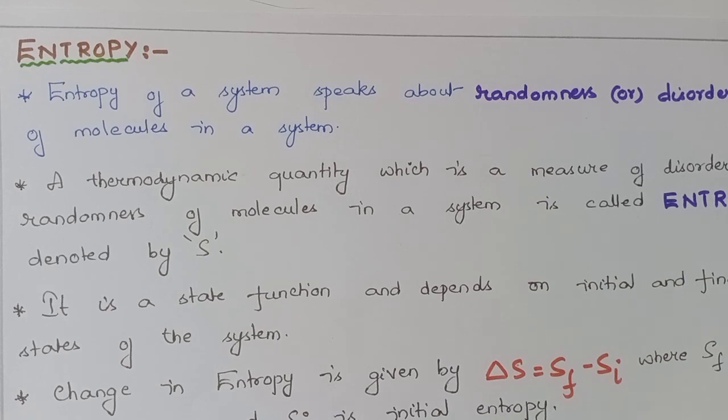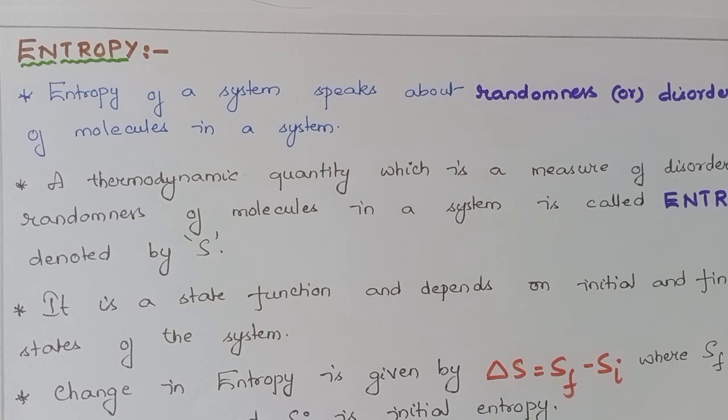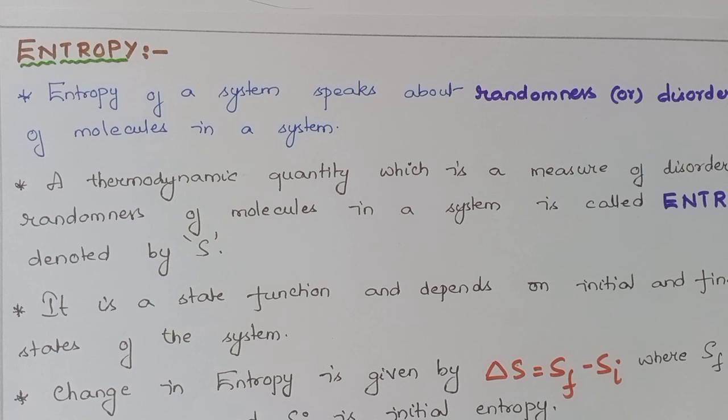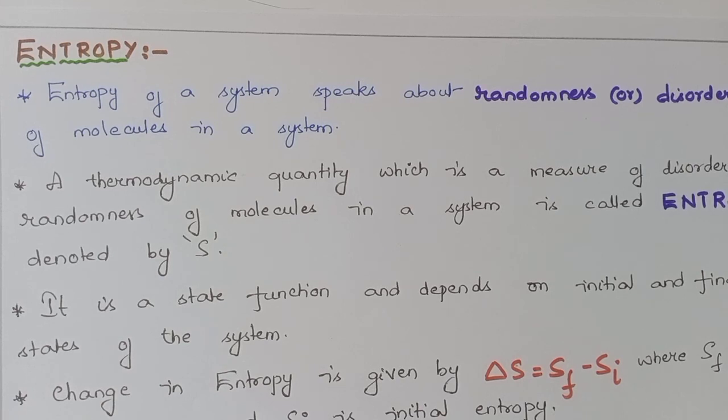Kindly open your notebook, students, and put the side heading entropy. What is meant by entropy? Entropy tells us the disorder or the randomness of arrangement of molecules in a system.